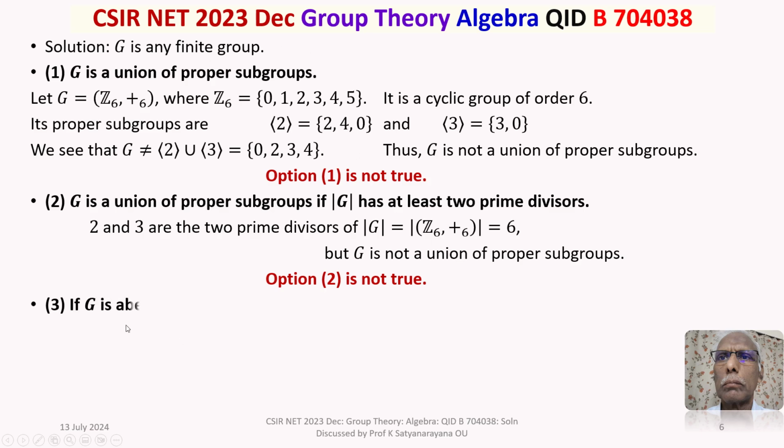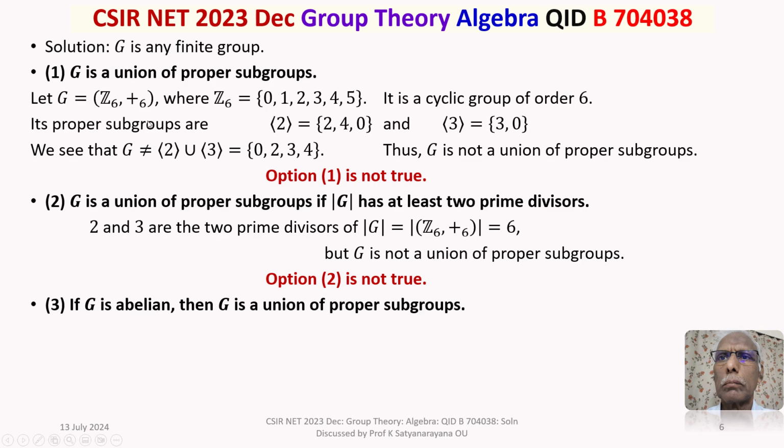And option 3, if G is abelian, then G is a union of proper subgroups. The same above example works. What is Z6 under addition modulo 6? It is a cyclic group of order 6. Every cyclic group is abelian. Therefore, Z6 is abelian.